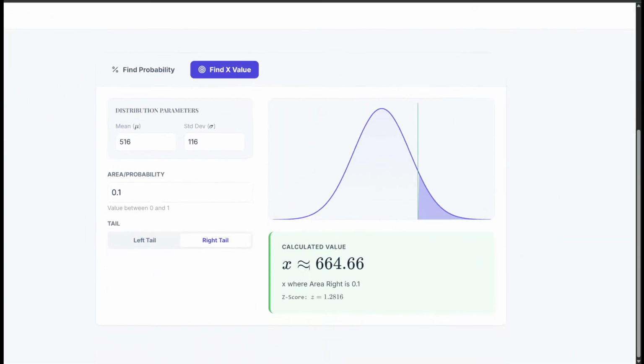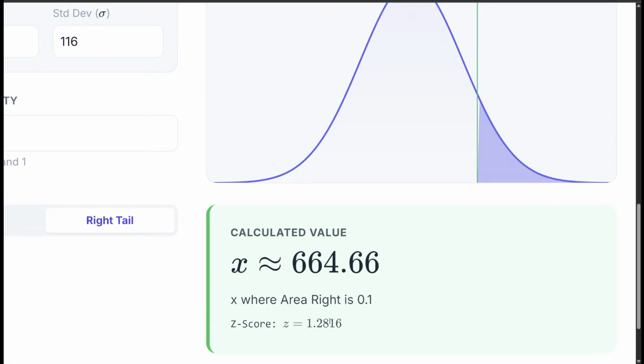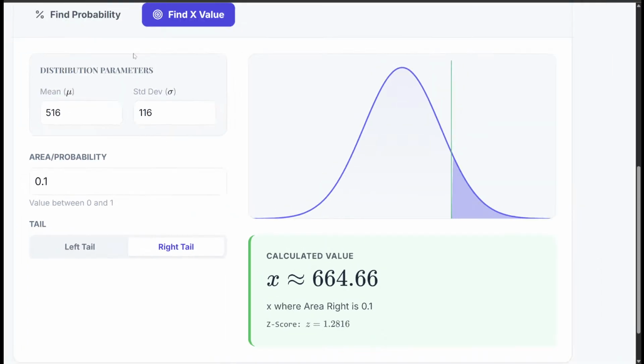It actually does not matter what your mean and standard deviation is for this. I don't even care what those are. All I really want is the Z-score down there. So that 0.1 or 10 is 1.2816.